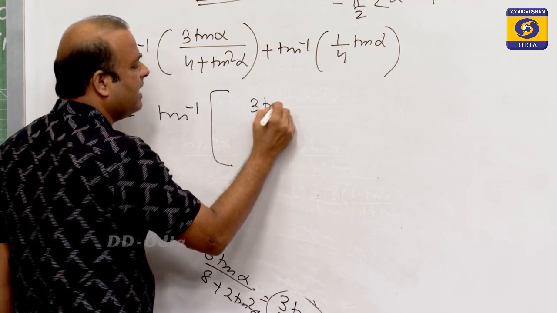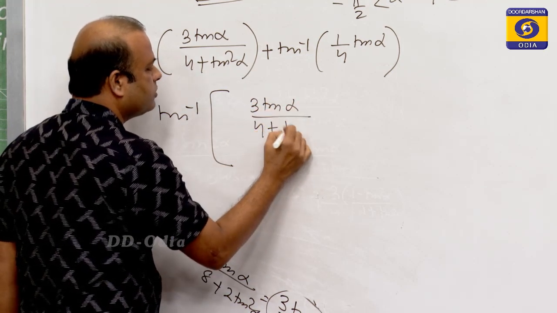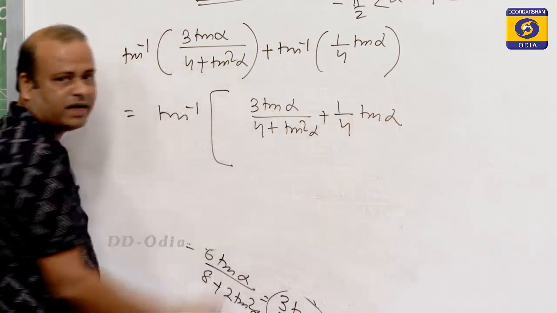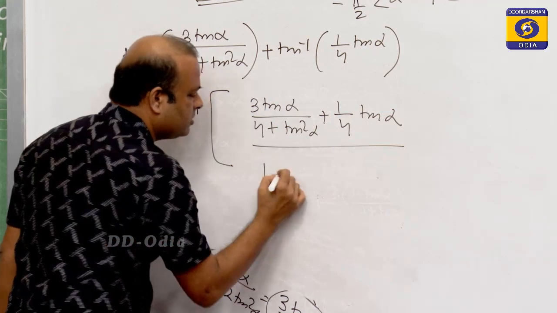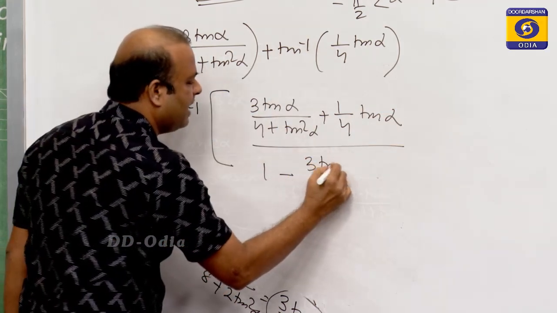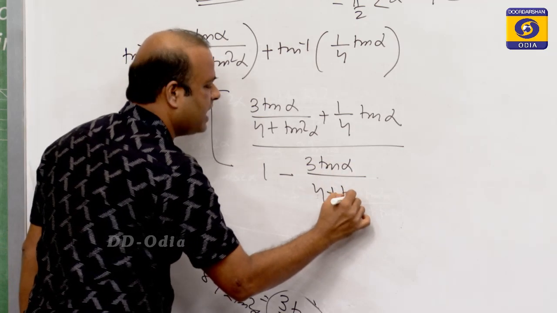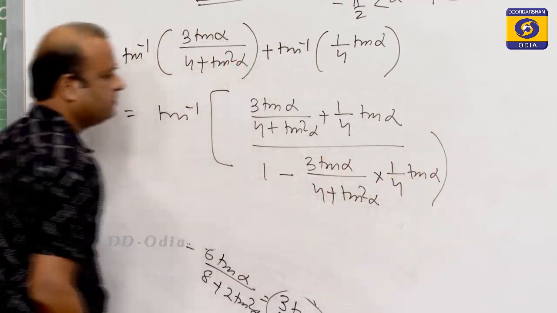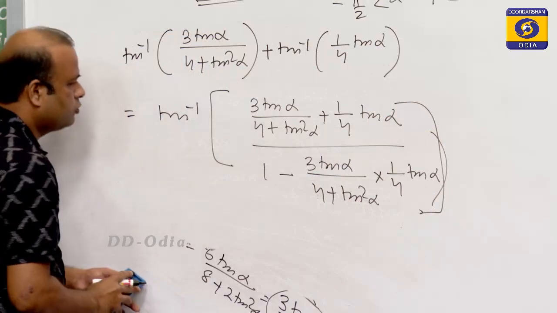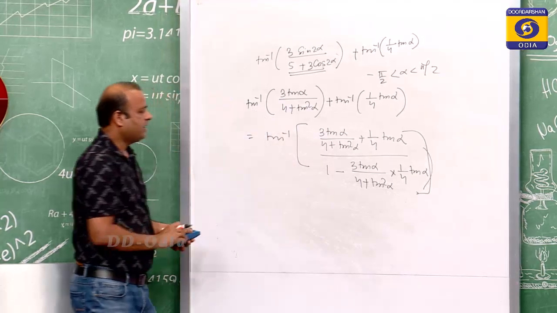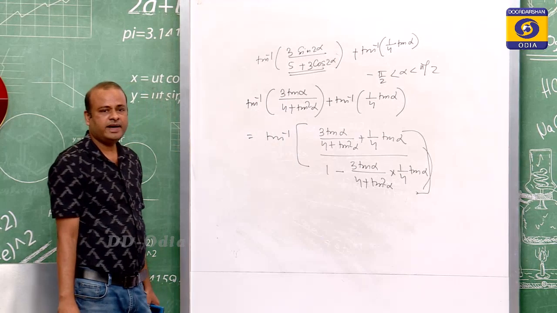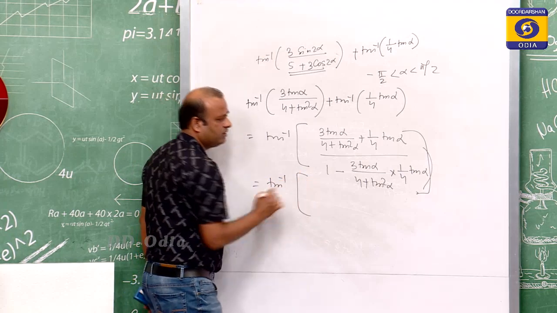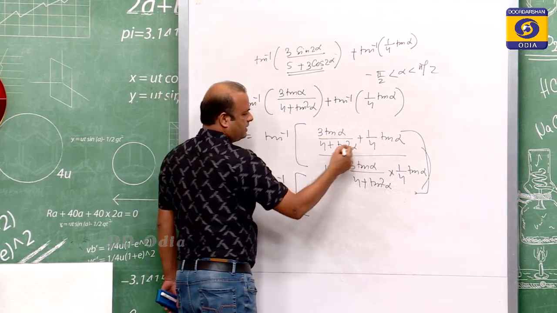That is 3 tan alpha by 4 plus tan square alpha plus 1 by 4 tan alpha, divided by 1 minus 3 tan alpha by 4 plus tan square alpha into 1 by 4 tan alpha.